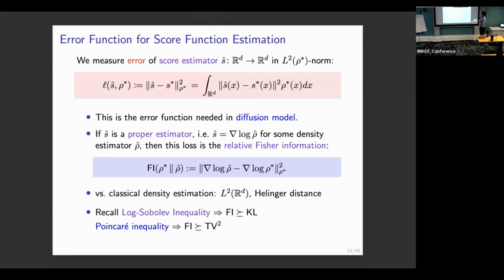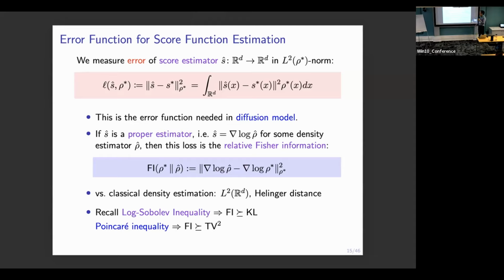And one thing to note is that if S hat is a proper estimator, which means that it is actually the gradient of some log density, the score of some density estimator, then this loss function is equal to the relative Fisher information. Recall that in classical statistics, there has been a lot of work on density estimation: given samples, we want to estimate the density.